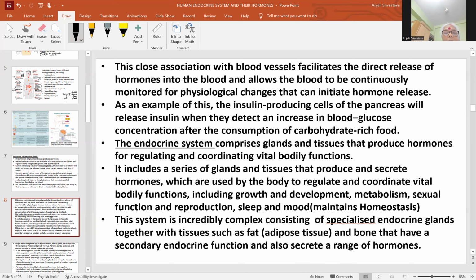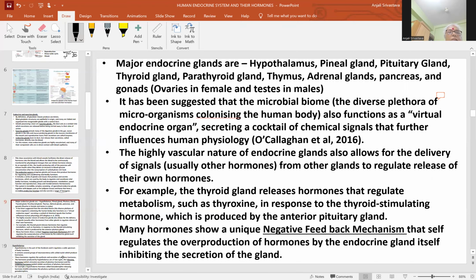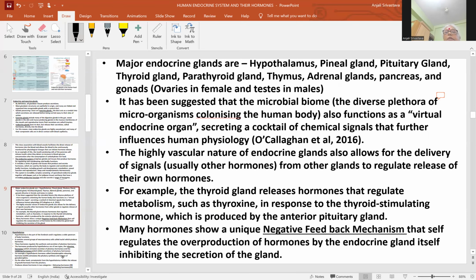Now, apart from the major endocrine glands, the system forms an incredibly complex network consisting of specialized endocrine glands together with tissues such as fat, adipose tissue, and bone that have a secondary endocrine function and also secrete a range of hormones. So these are now the number of glands that we have seen.